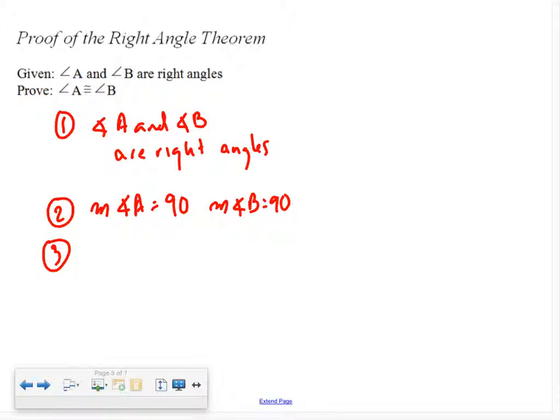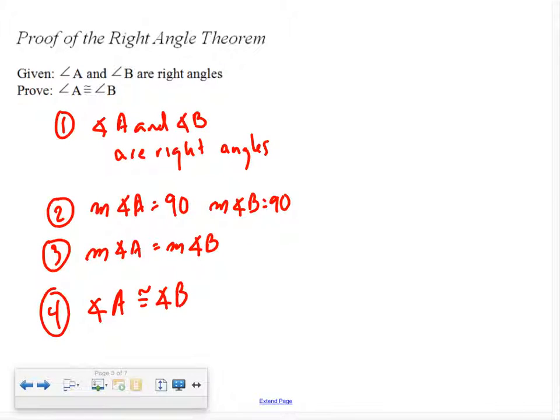Line 3, then the measure of angle A equals the measure of angle B. And 4, angle A is congruent to angle B.